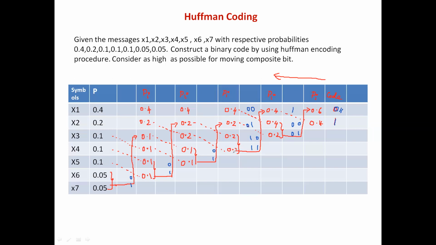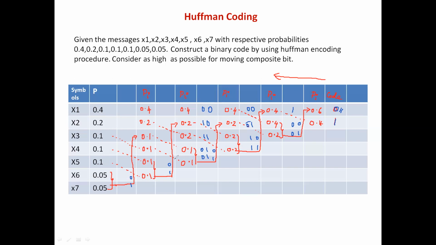Okay. Next is this 0.1 combined and given to 0.2. What is the code of 0.2? 0, 1. This 0, 1 will be assigned to these two values, giving 0, 1, 0 and 0, 1, 1. Now this 0.2 is having the code 1, 1, so that 1, 1 will be assigned here. This 0.2 is having the code 1, 0, so 1, 0 is assigned here. Next 0.4 is having the same code 0, 0 because it is in its original position.